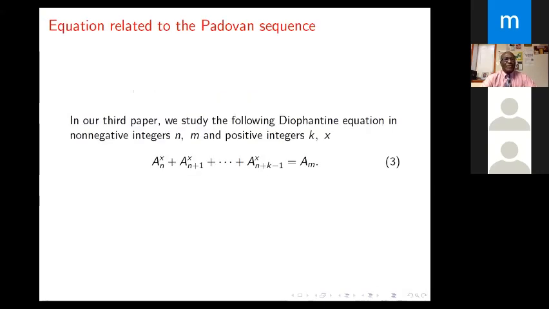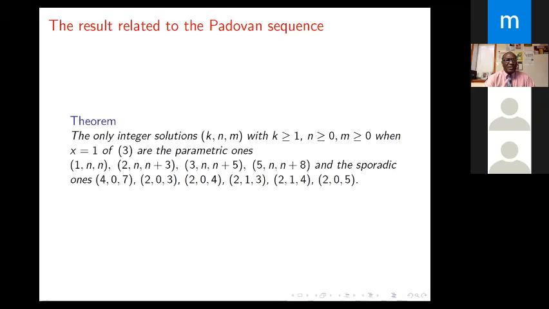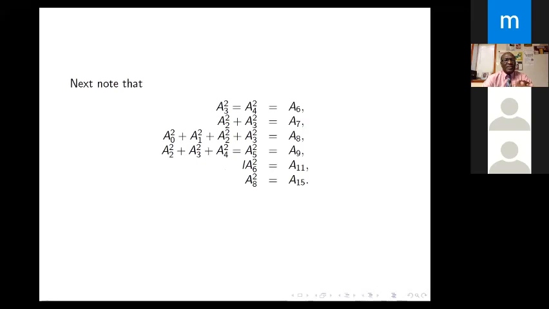So we consider this equation. Another way, we replace Fibonacci numbers by Padovan numbers, and we study that. But this time it is a little more complicated. So first, we look at the trivial, the parametric solutions, and we have them, and some sporadic solutions. And what is a little strange is we have more solutions than the previous one.